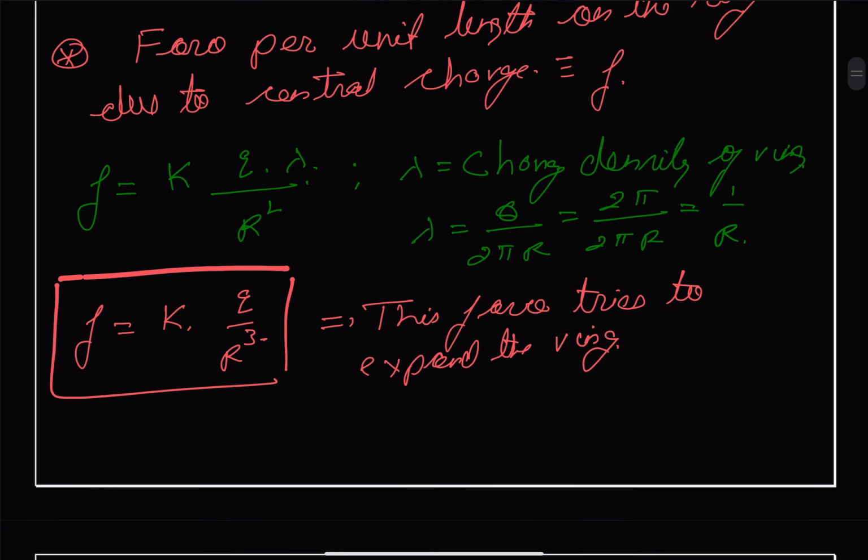And because of this the tension will be generated, and this tension will try to balance the force F. Okay. So you can say the tension, suppose that is capital T in the ring, must balance this.